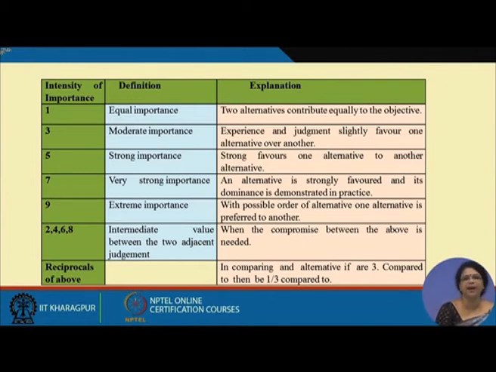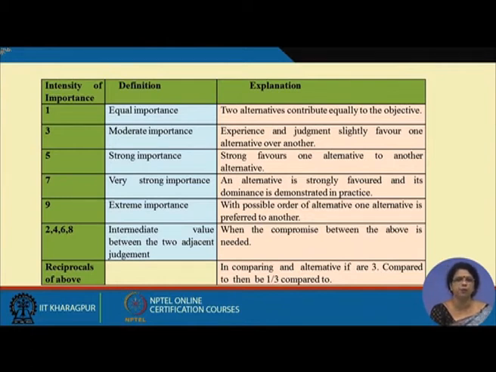The whole scale has been provided by Professor Shetty only. He has said you ask everybody to give the option from 1 to 9, where 1 means this, 9 means this, and intermediate values mean this. And there is another option that has been given, the reciprocal. For example, A is strongly preferred to B. Give the option as 5.